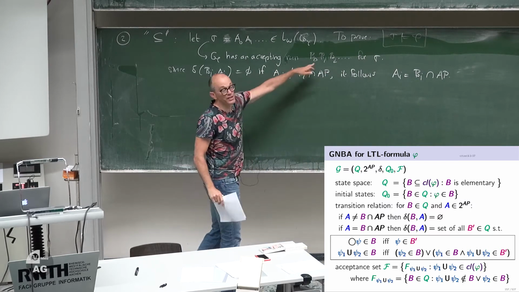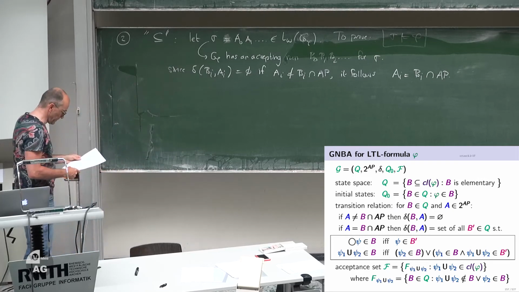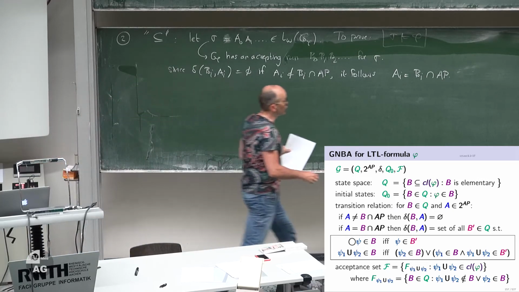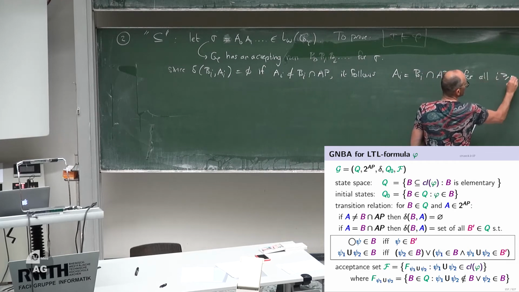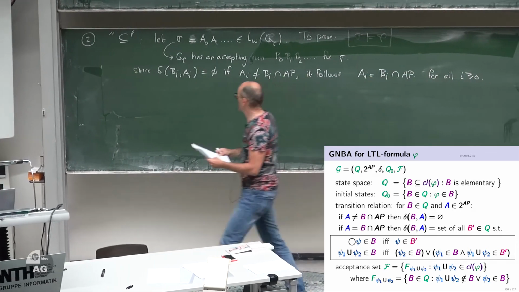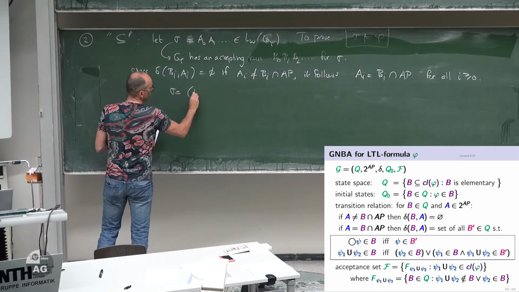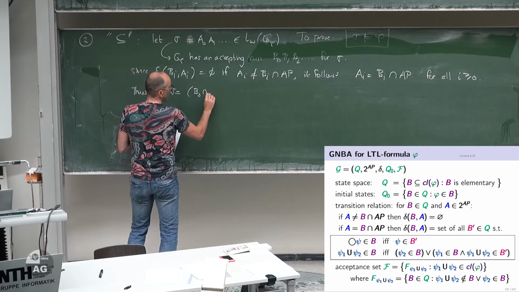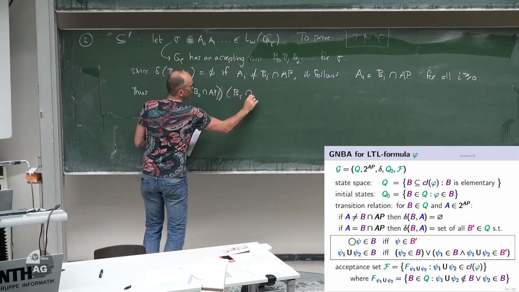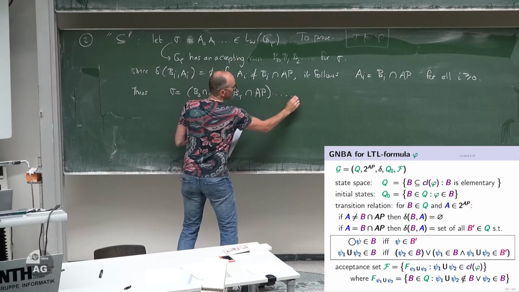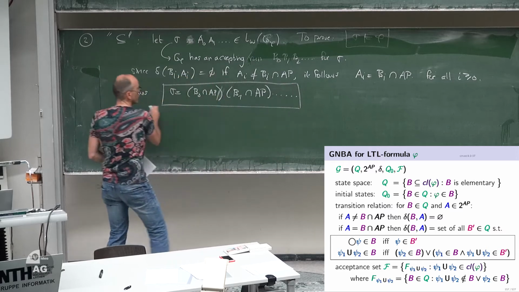Otherwise, this B0, etc., could not be an accepting run for this trace. Good, and this holds for all i, right? Thus, what we know now is that sigma is of the form B0 intersected with AP, B1 intersected with AP, etc. This is what we know about the shape of our run.